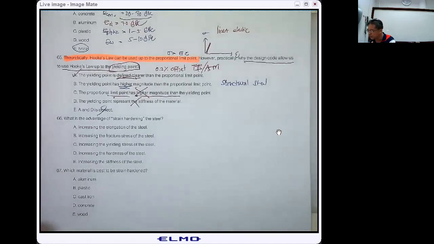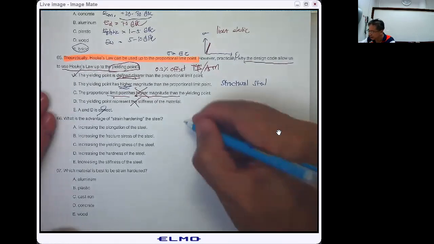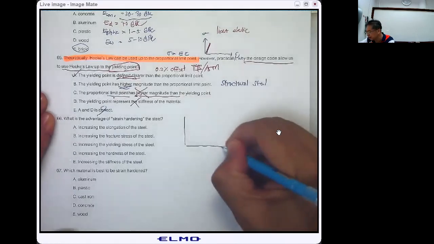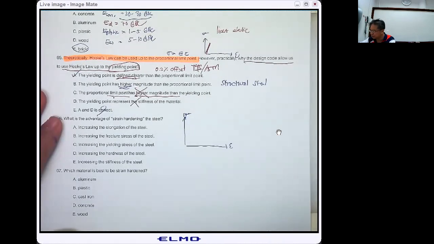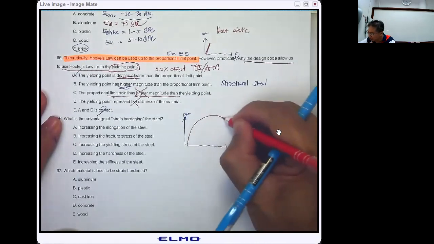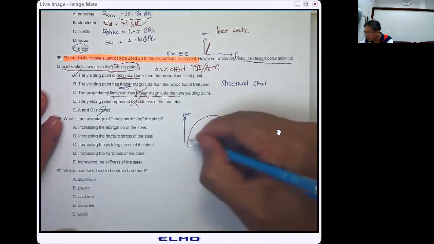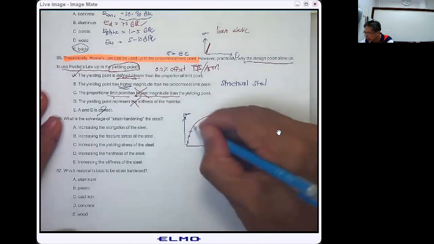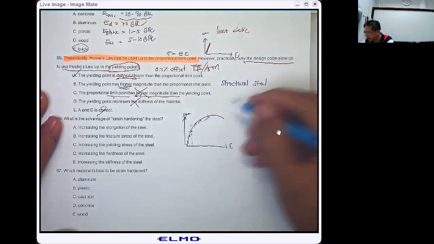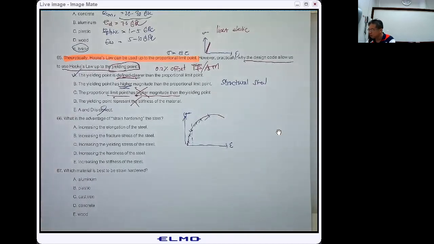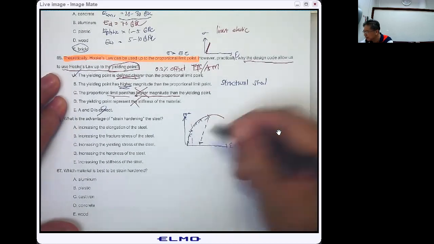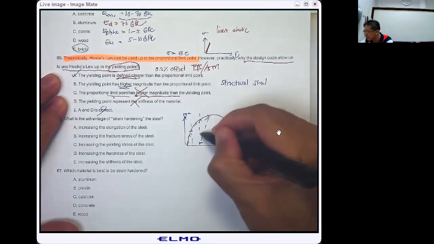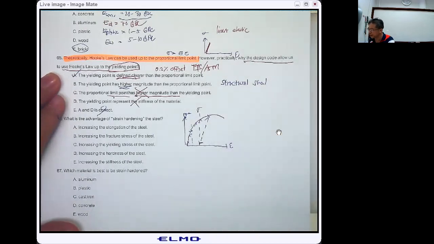64. What is the advantage of strain hardening? The strain hardening is what? The strain hardening is the behavior of the material. When we have this kind of material and then you load it, passing through the elastic into the plastic region, and then when you release the force, the curve just goes back along this one, and then the stress-strain diagram just changes into this.